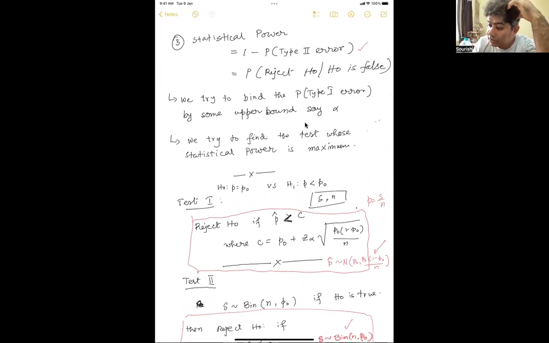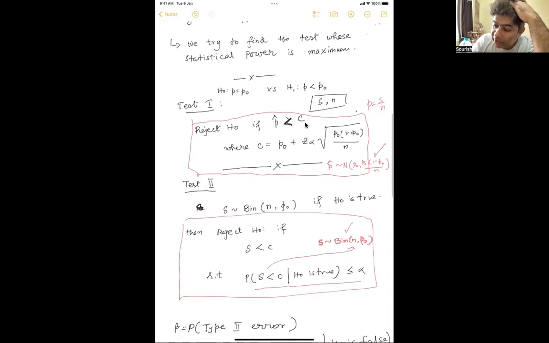We reject H naught if P hat is less than C. So my type 1 error will be the probability of P hat less than C given P naught, equal to alpha, right?